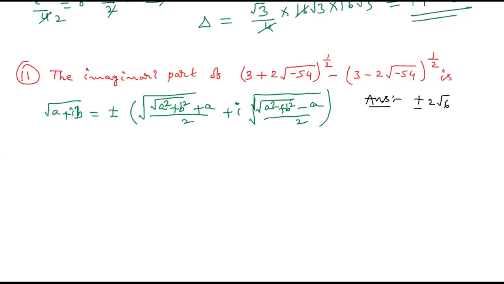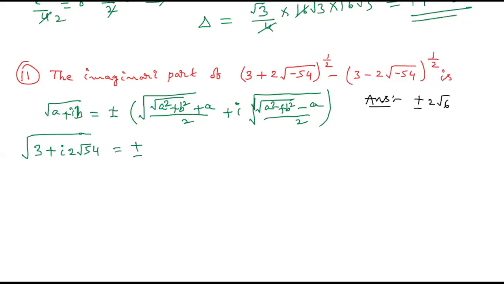But see the question. What they have given is the square root of 3 plus root minus 54. Taking the minus sign outside, we get i, 2 root 54. This is the complex number. The a value is 3 and the b value is 2 root 54.